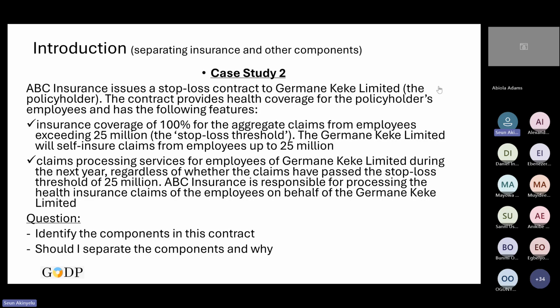What should we do to this contract? Hello? Any other person wants to help us?